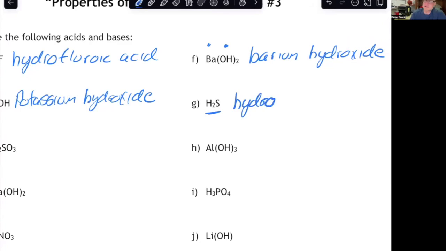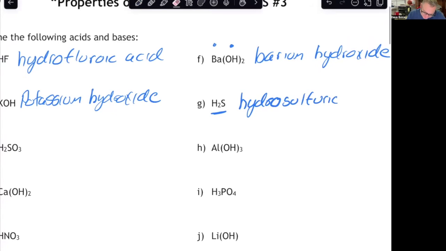I guess you call it a binary acid, so two different atoms. So hydro, and then sulfur, we're going to turn that into sulfuric. Okay, so not hydrogen sulfide, ide turns into ic, so hydrosulfuric acid.